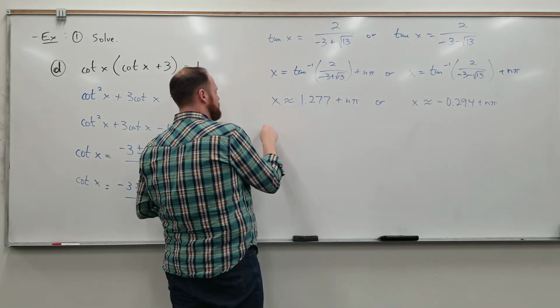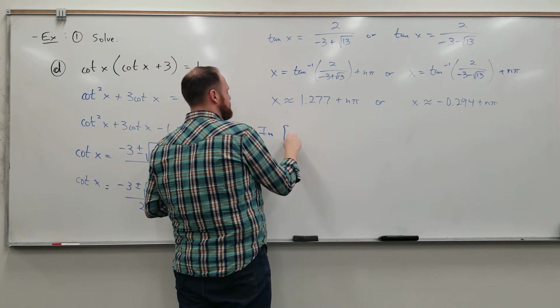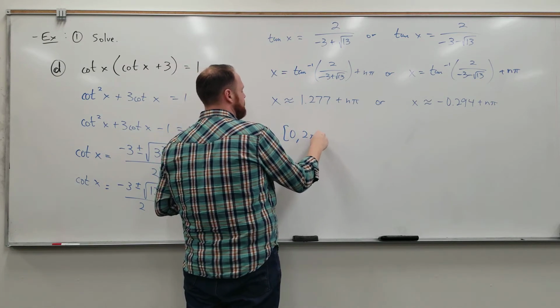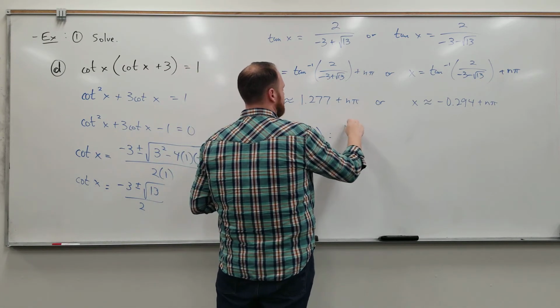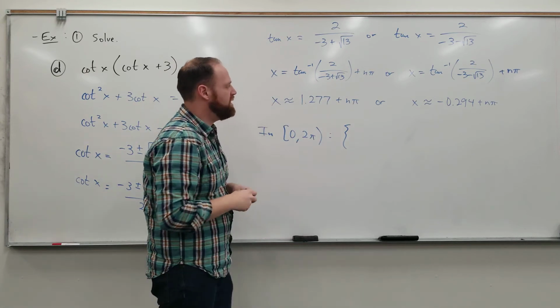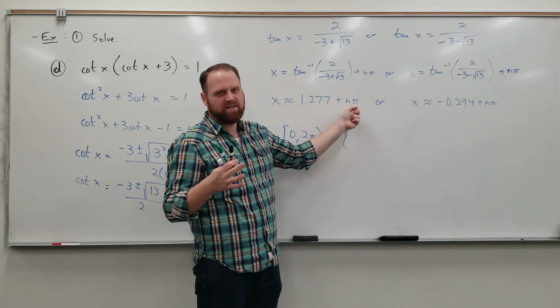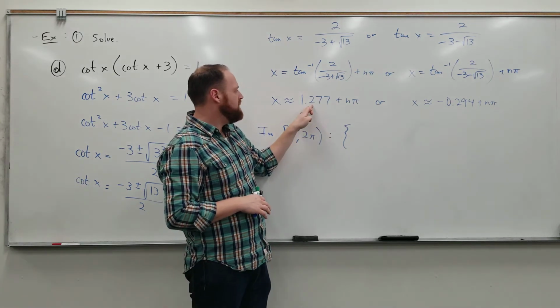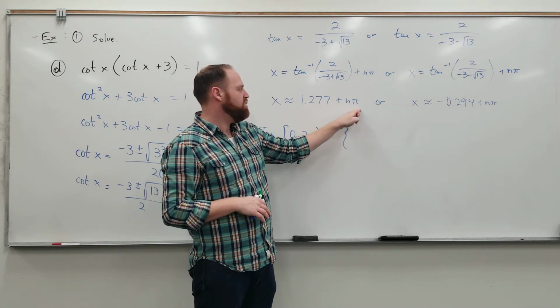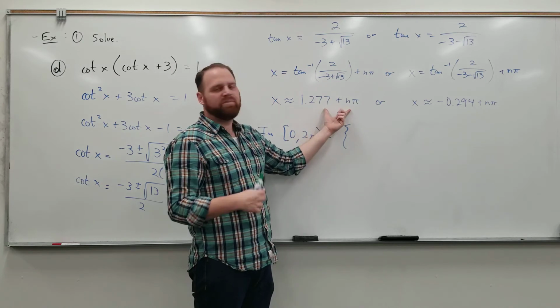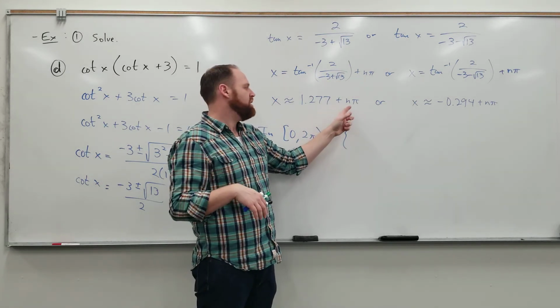If you're looking for the solutions that live between 0 and 2 pi, let me do our little trick, right? If I plug in negative 1 for n, remember pi is about 3.14, so I'd be getting like 1.2 minus 3.1 or whatever. That's going to be less than 0, right? So I'm not going to plug in negative 1.